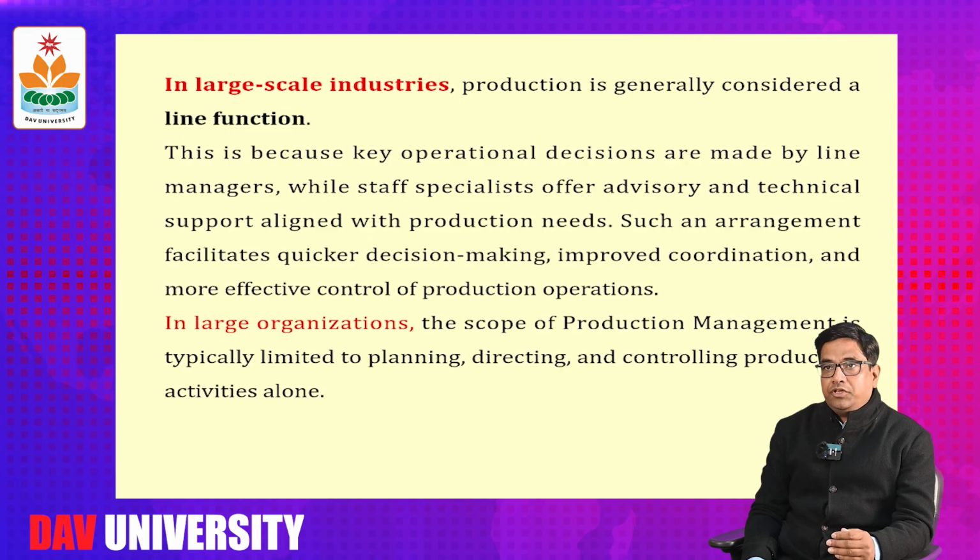This is because key operation decisions are made by the line managers, while staff specialists offer advisory and technical support aligned with production needs. Such an arrangement facilitates quick decision making, improved coordination, and more effective control of production operations. So in larger organizations, the scope of the production and operation manager or department is typically limited to planning, directing, and controlling the production activities alone.